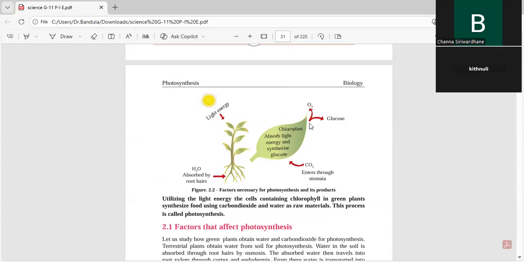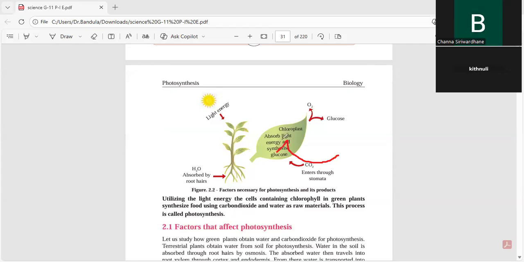We are coming to the interior environment of the plant, the leaf, and there we have chloroplast. Right? This chloroplast absorbs the light energy and synthesizes glucose by using carbon dioxide and H2O.